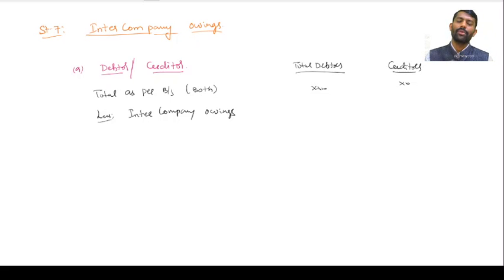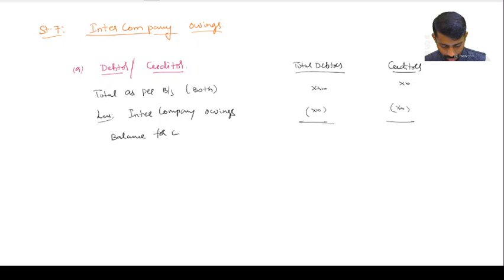So debtors you take 1 lakh and creditors 80,000. Suppose the problem says there is a common receivable and payable, a debtor creditor relationship, of 10,000. Either the subsidiary has to pay the holding company, or the holding company has to pay the subsidiary. That means it will be in one book up to the extent of 10,000 only. It's an intercompany owing. Are you understanding? So that 10,000 I will eliminate commonly in debtor and creditor. After elimination of both, whatever I get is the balance for CBS. Correct?